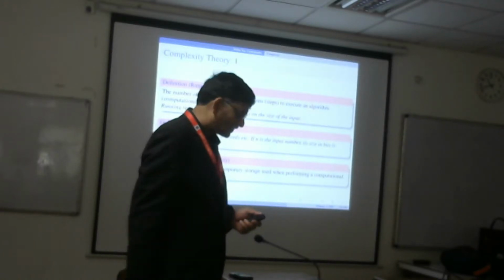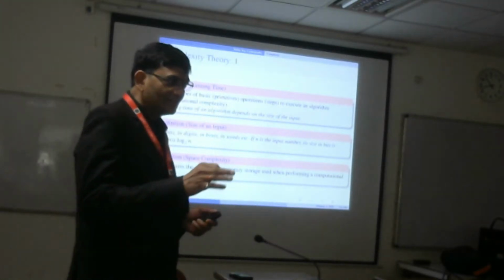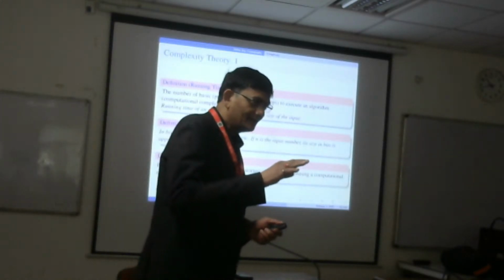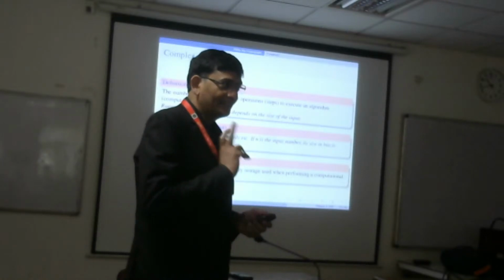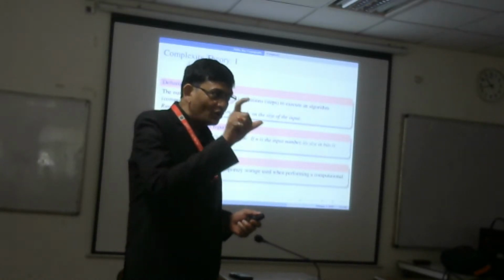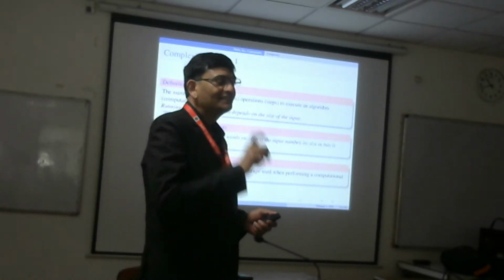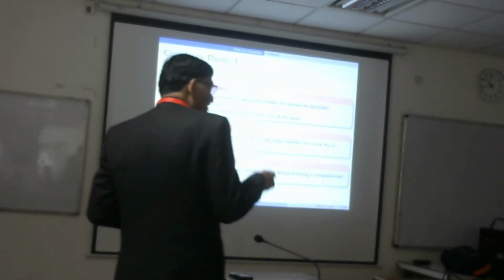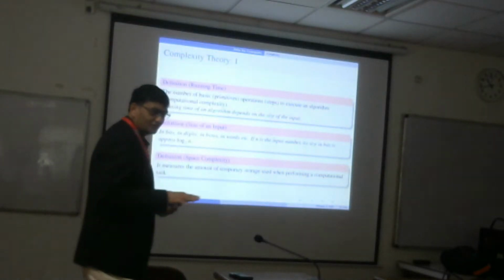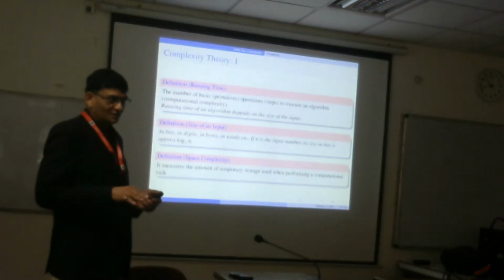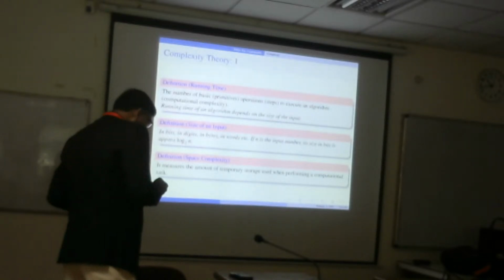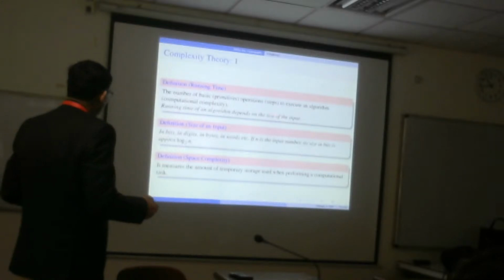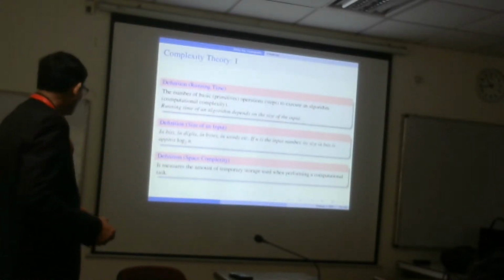Done? This is basically polynomial in the size of n, not n, because log n is the size of n. If it is polynomial in the size of n, then we call it a polynomial time algorithm. I will come to that. Clear?